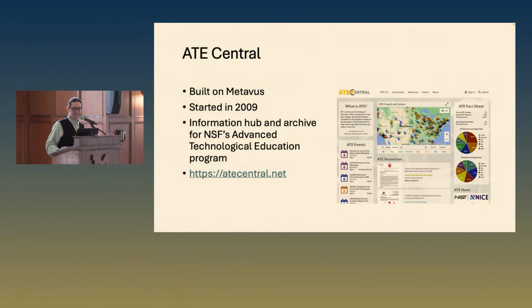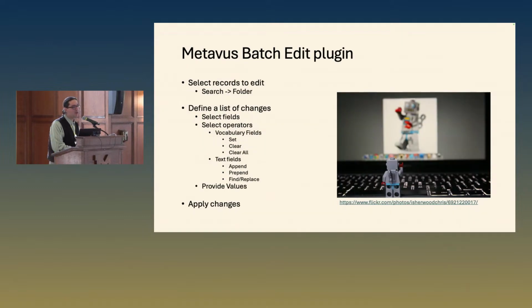In maintaining this data, we have repeatedly hit the need for doing similar edits to records across several sets of records. To support that in a systematic way, we built a batch edit plugin for our repository. The way this works in general, you select a set of records to edit by conducting a series of searches, adding the results of those searches to a folder.